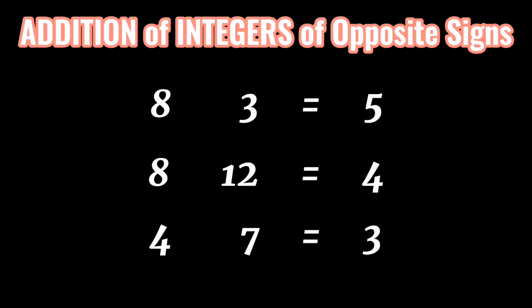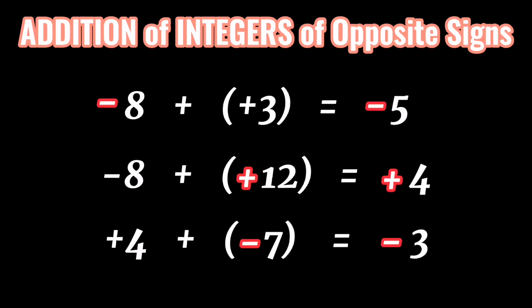Whose sign is followed? Let's put back their signs now. For negative 8 plus positive 3, the answer is negative 5. Negative is the sign, and that is of 8, not of 3. For negative 8 plus positive 12, the answer is positive 4. Positive is the sign, and that is of 12 and not of 8. And for positive 4 plus negative 7, the answer is negative 3.